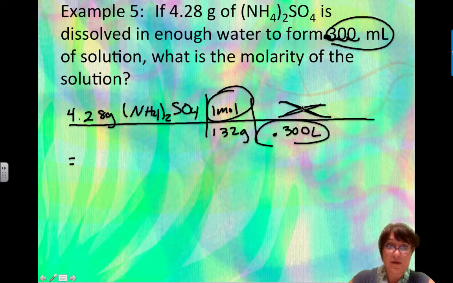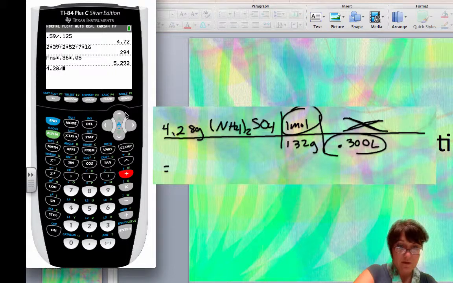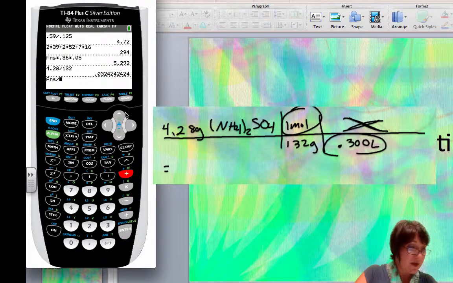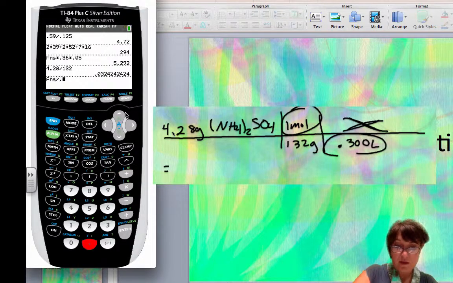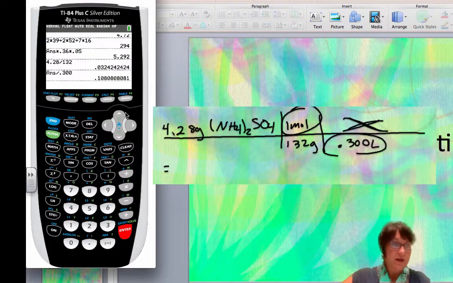So now get your calculator out. 4.28 divided by 132 times 0.3. And then I have to divide that by 0.3 liters. And now I've got my molarity is 0.108.